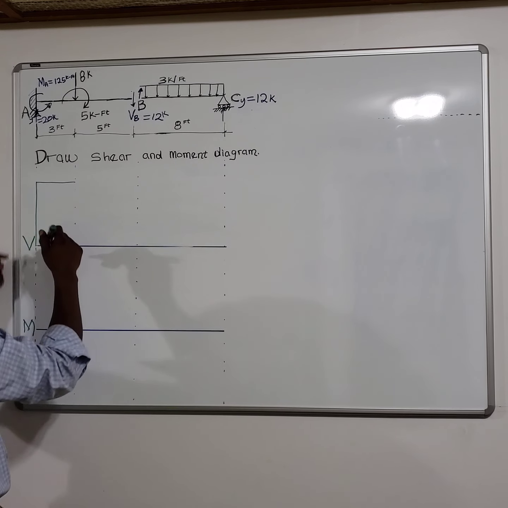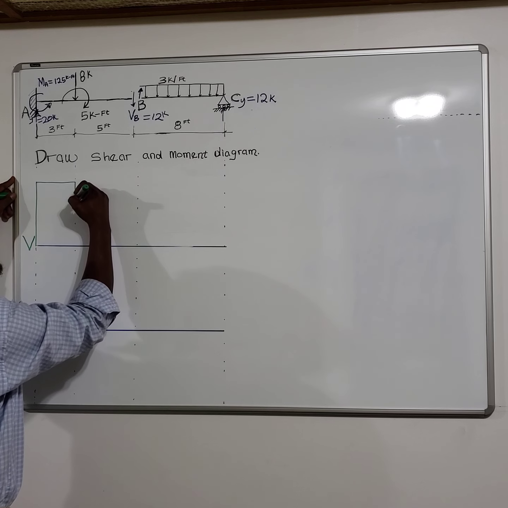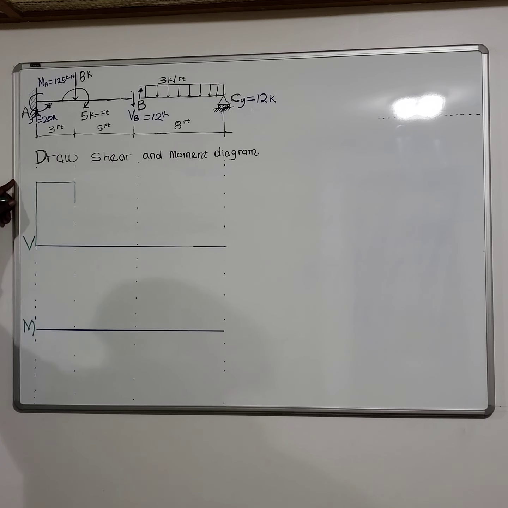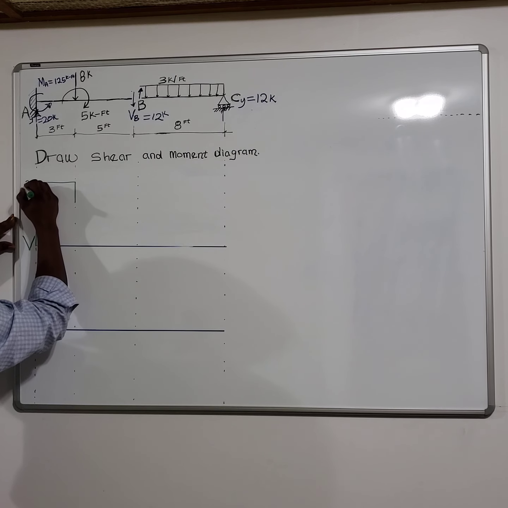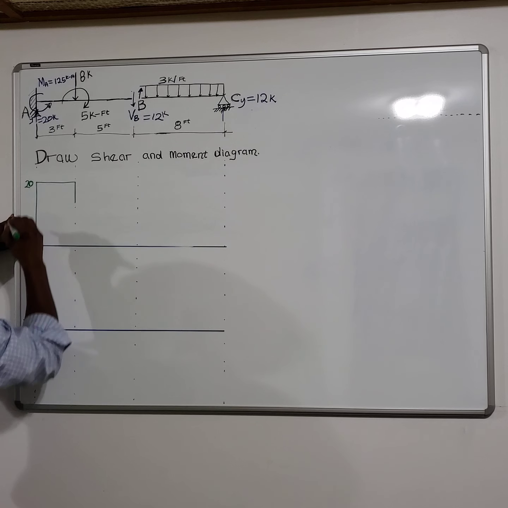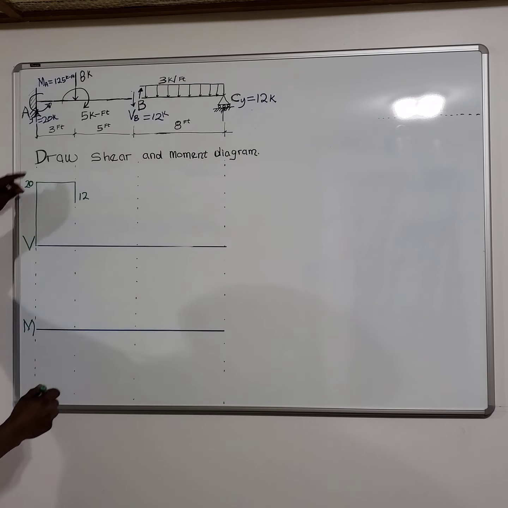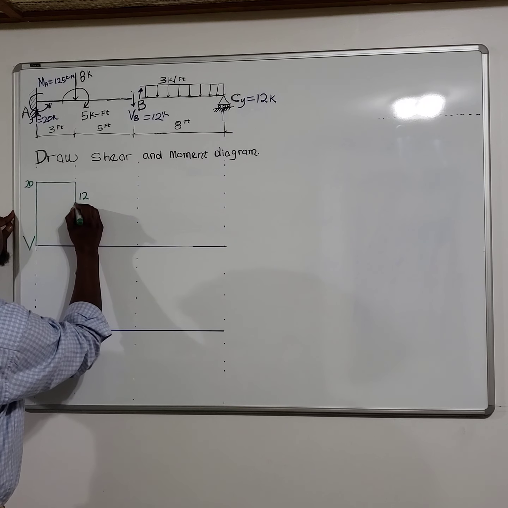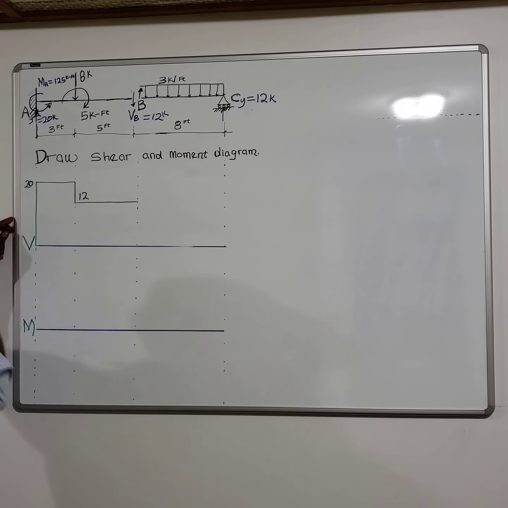So that force of 8 kips acts downward. So 20 minus 8, that's 12. That means this point is 12, and from that point on, there's no other force until you get here.